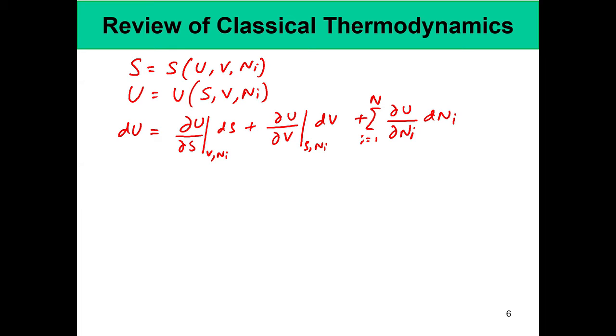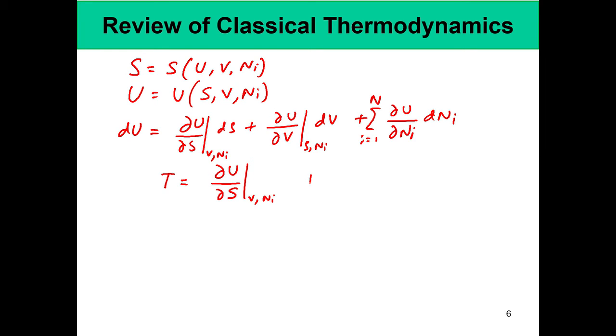Now, using this we can define certain quantities. We can say T, temperature, we define it this way: partial dU partial dS when V and Ni are constant.